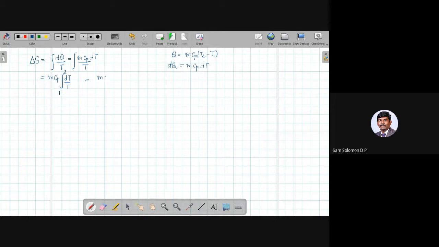So what you have is m Cp times ln of T. The temperature at state point 1 is T1, and at state point 2 is T2. So m Cp times ln T2 minus ln T1 within the brackets. Applying the logarithmic rule, we can write this as m Cp times ln of T2 by T1.